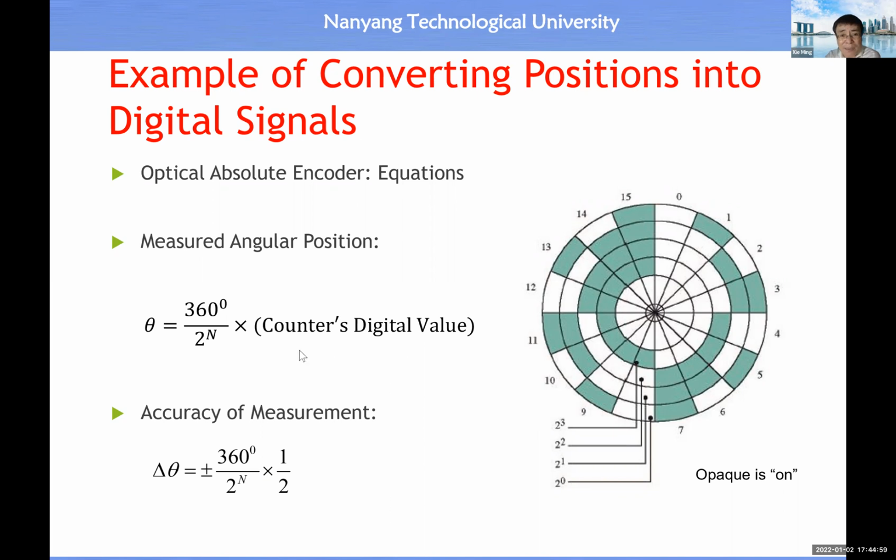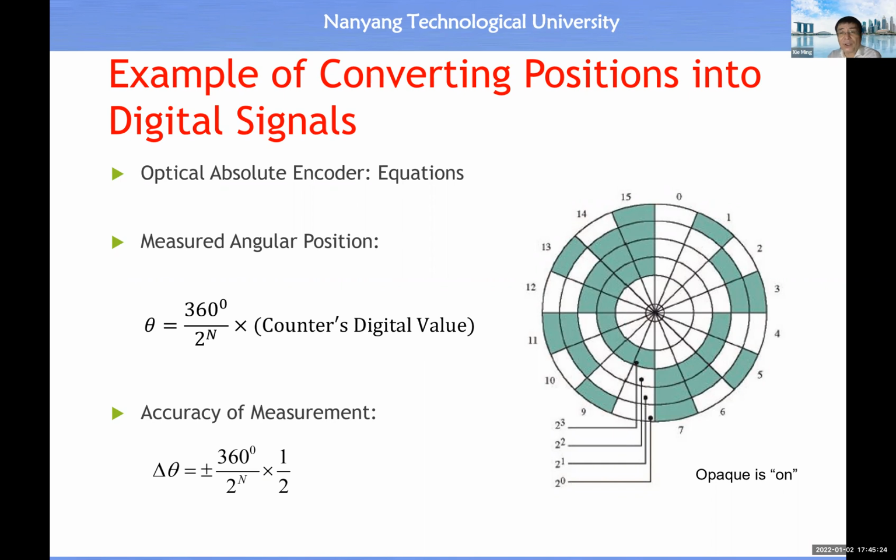So in this case, each value, when we count the digital value, corresponds to this number, because once you rotate this, we can call it a pitch angle. When the disk rotates one pitch angle, then only one bit here will change.